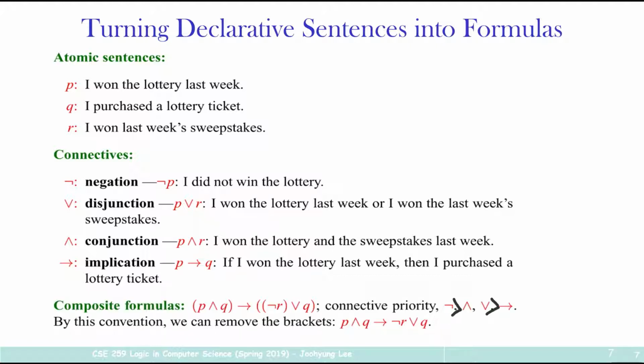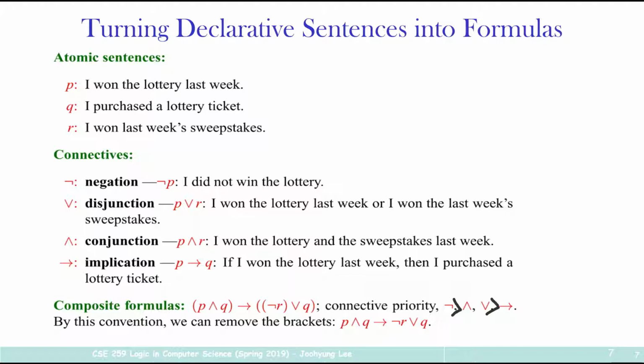After this, you can build many other more composite formulas. So P and Q implies not R or Q. That means: if I won the lottery last week and purchased a lottery ticket, then either, or both, I did not win last week's sweepstakes, or I purchased a lottery ticket.